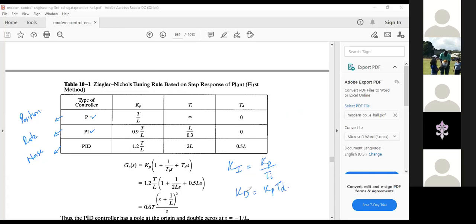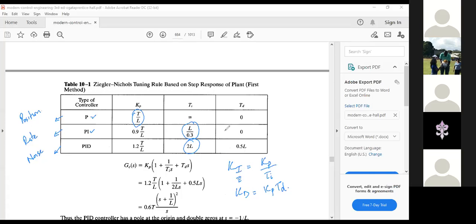So the gain for the system, KP, we can work out. We can work out TI, and after we work out the TI value, depending on which type of controller you're choosing, you can work out the gain KI.